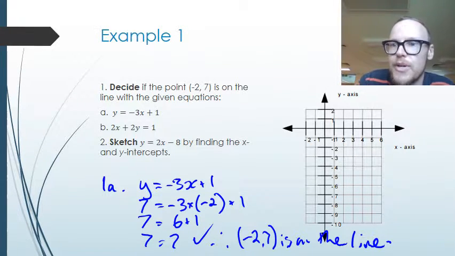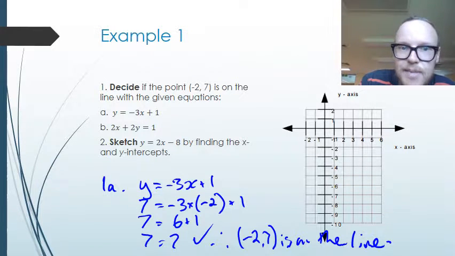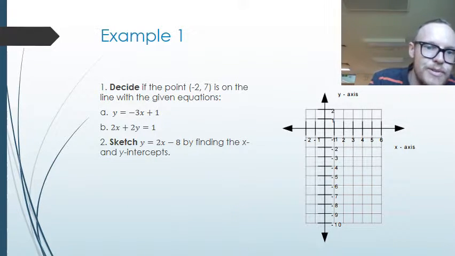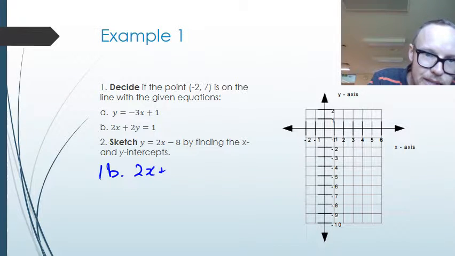Okay, so we've checked it, we substituted in, and we found that it is true. For 1b, we've got 2x plus 2y equals 1.